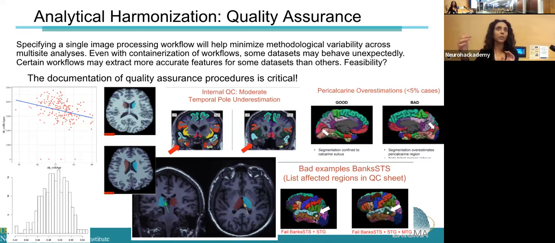It's not actually supposed to be there. So we put a little marker: if you notice that it's bigger than a few millimeters, maybe mark that as an error. And then of course, some regions are easier to identify as not being complete, or just completely missing a chunk of the brain.